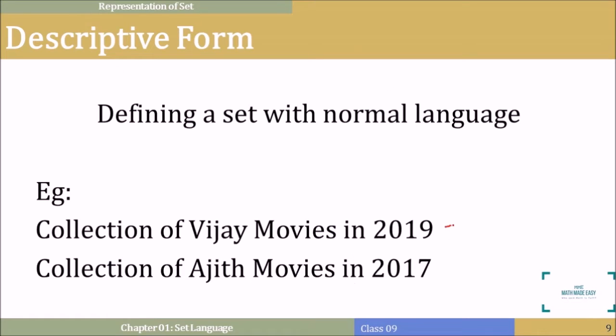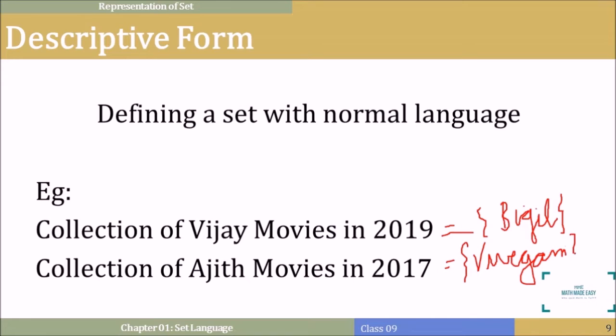So you can give the collection of Vijay movies in 2019 as a set called Bigil, and the collection of Ajit movies in 2017 can be called Vivegam. You are describing the set in normal language instead of following the notations. That's called the descriptive form.